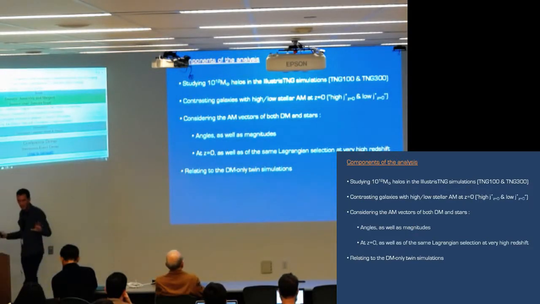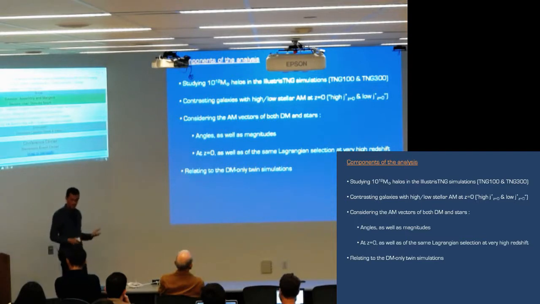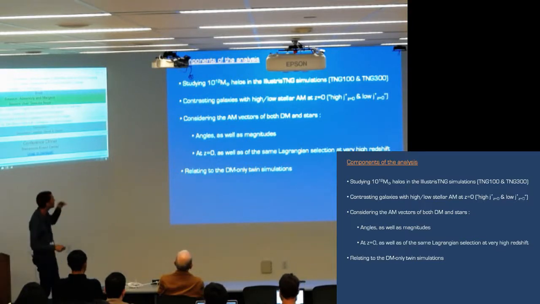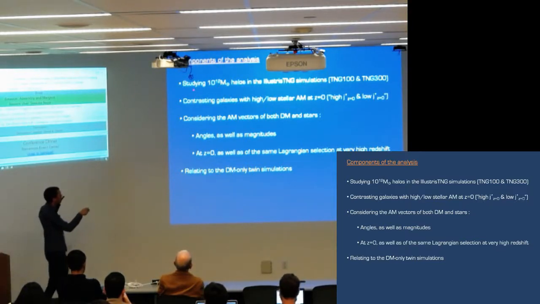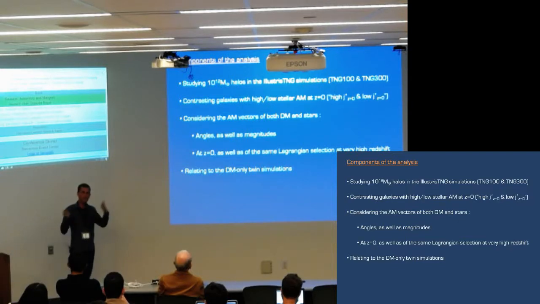So that was the introduction, and now I'd like to jump into some results, and these are the various components or concepts that I will use. I'm going to be focusing on 10^12 solar mass halos in the IllustrisTNG simulations. I'm going to contrast galaxies with high angular momentum and galaxies with low angular momentum.